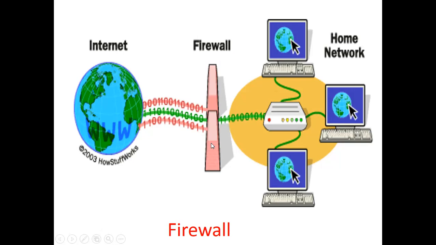And if it finds anything illegal, then it prevents that packet from entering our network. Therefore, our network remains safe and secure. Therefore, this firewall is very important when we are using the network.